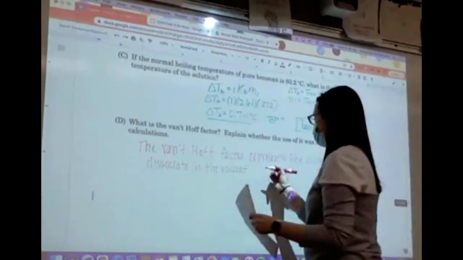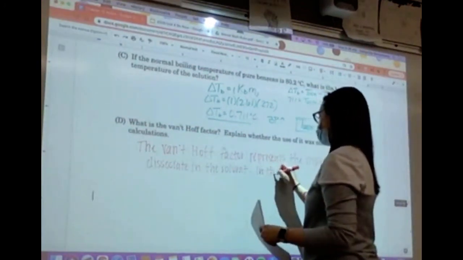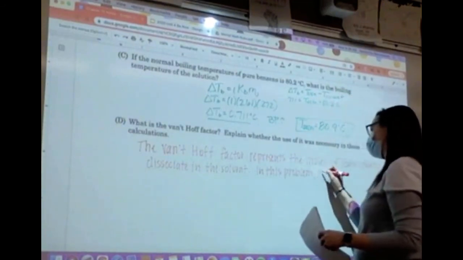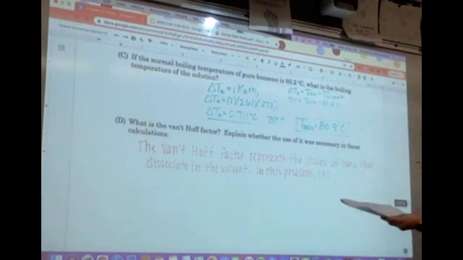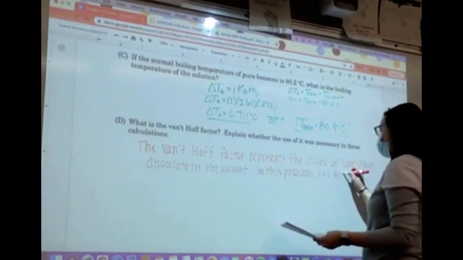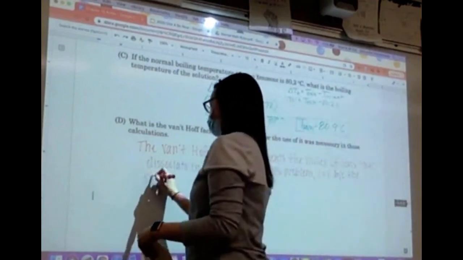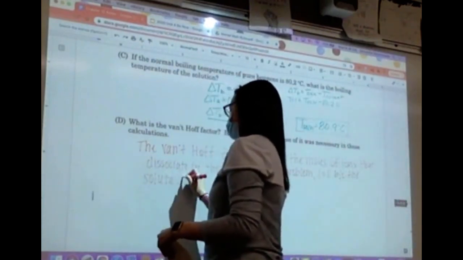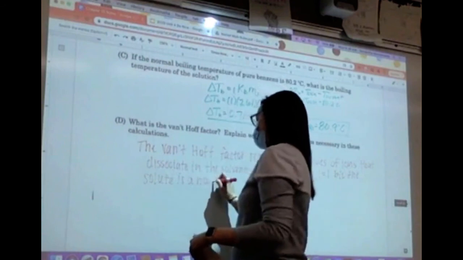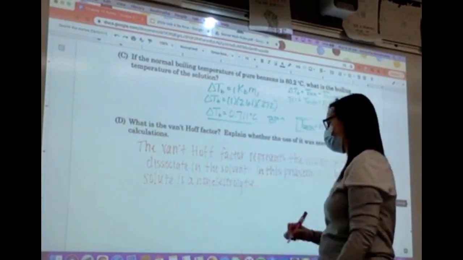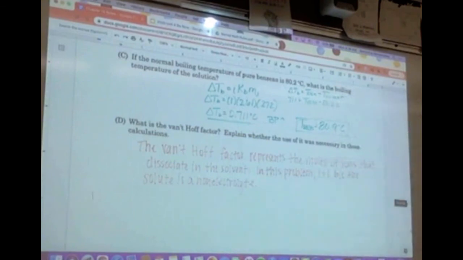So in this problem, i equals 1, because the solute is a non-electrolyte. So we didn't have to worry about the van 't Hoff factor in these calculations because i was 1. The solute was a non-electrolyte.